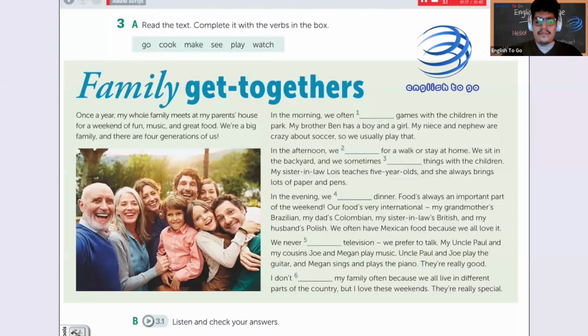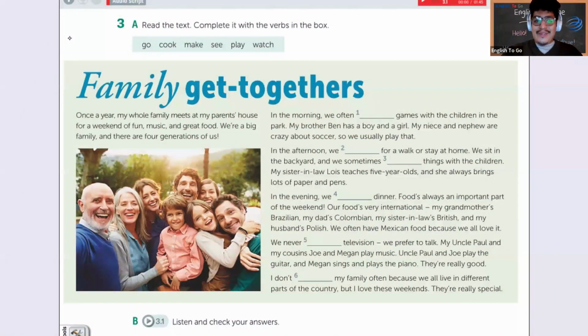We prefer to talk. My Uncle Paul and my cousins Joe and Megan play music. Uncle Paul and Joe play the guitar, and Megan sings and plays the piano. They're really good. I don't see my family often because we all live in different parts of the country. But I love these weekends. They're really special.